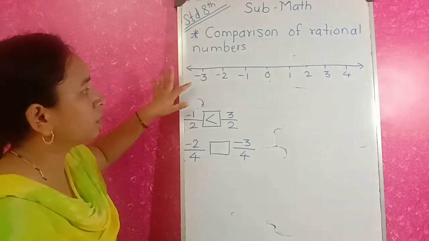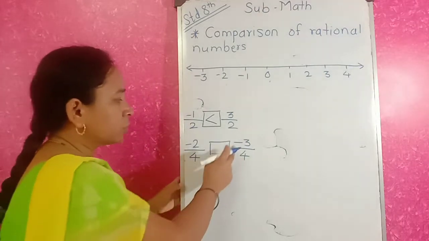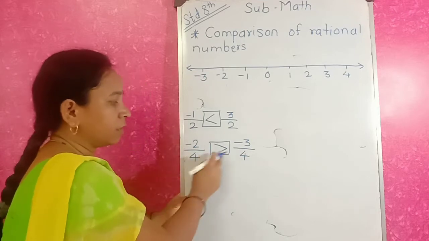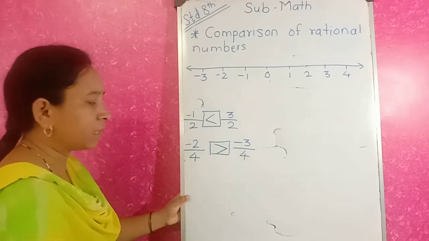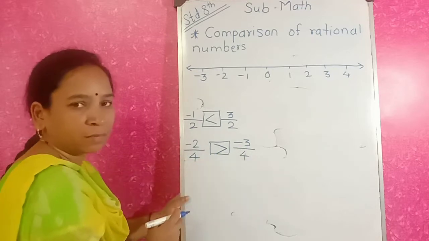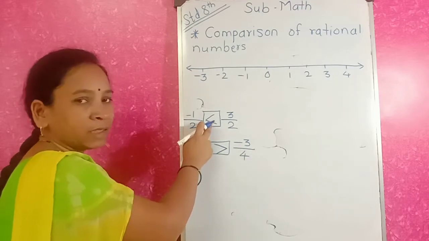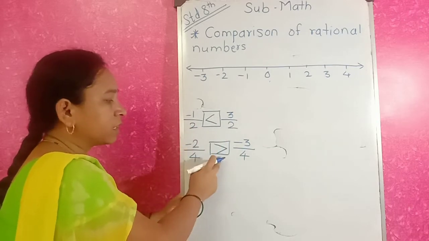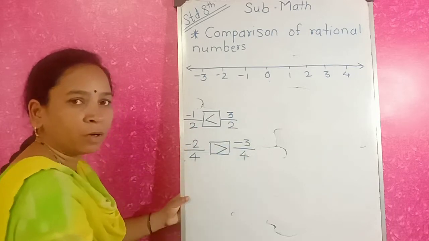So who is smaller? -3 is smaller, so the point is towards -3. This sign is called the greater than sign, and this sign is the less than sign. So -2 upon 4 is greater than -3 upon 4.